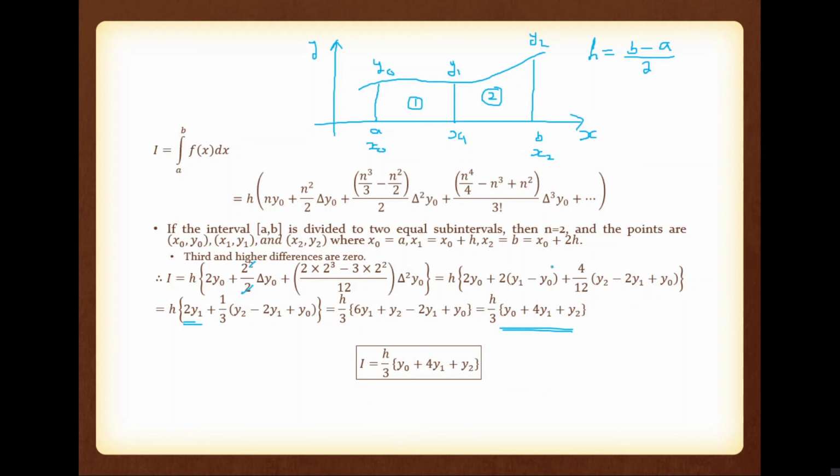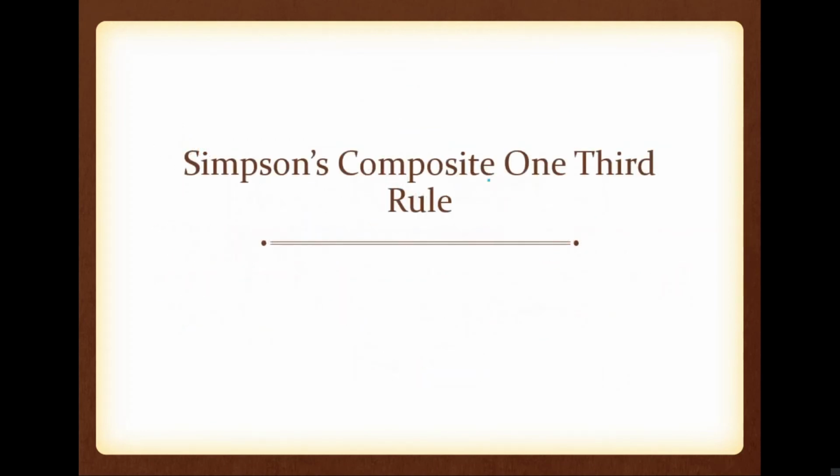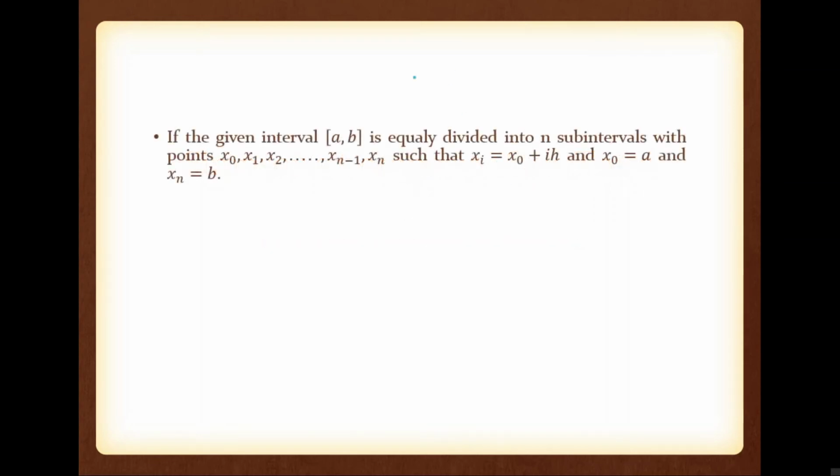Now, like the trapezoidal rule, we are going to derive the composite Simpson's one-third rule. So the next one is Simpson's composite one-third rule. Here again consider the function y equal to f of x, and we are asked to find the integral from a to b.